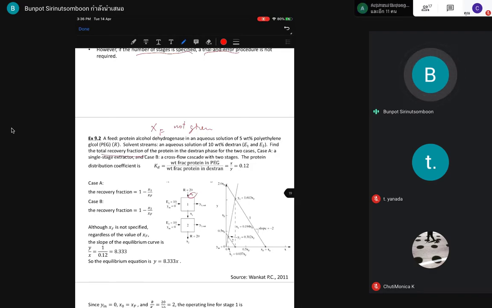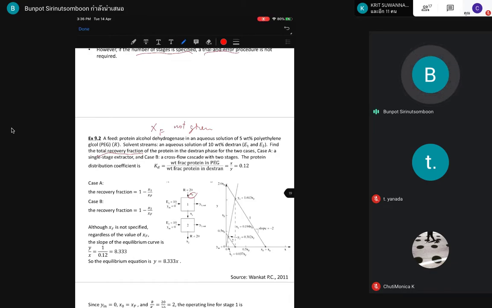For this recovery fraction you don't need to know XF, because eventually XF is going to be cancelled out.